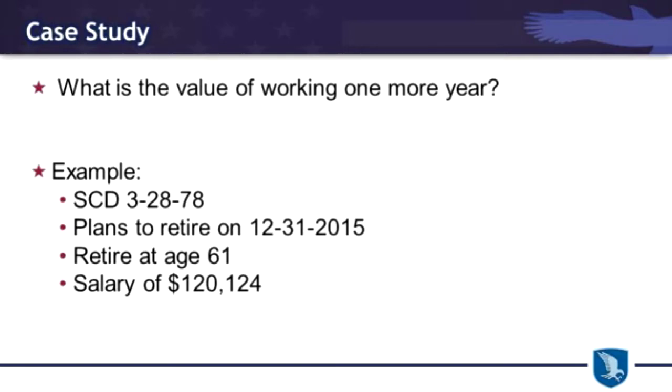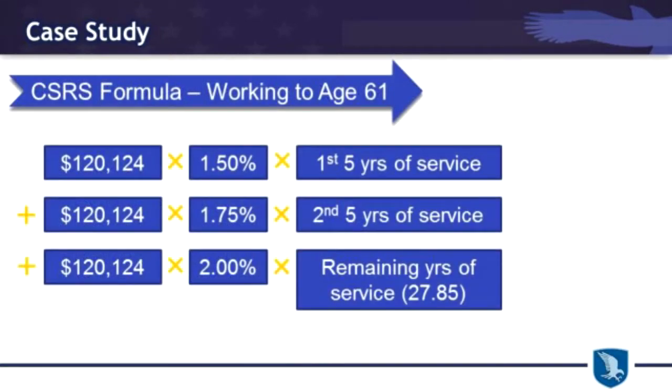So let's give a scenario here for just a moment. We have someone with an SCD of 1978. They plan to retire at the end of 2015 at the age of 61 and have a salary of $120,000 a year. Now, a lot of numbers on this page, but we've broken down the CSRS formula into its 3 components as Joey explained them earlier.